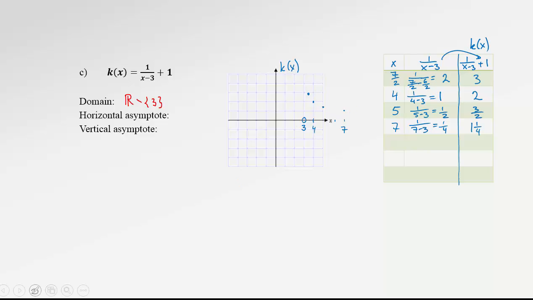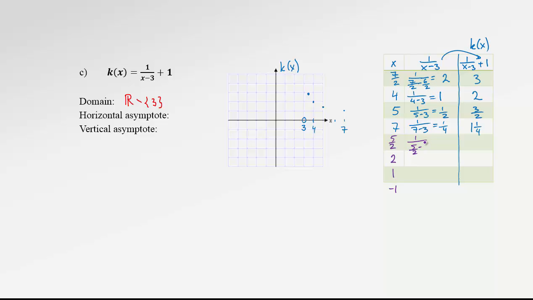Okay, now let's check some x values below 3. For example, 2 1/2, which is 5/2. And then maybe 2. And then 1. Well, we may want to check one more number, maybe -1 here. Okay, let's plug in 5/2 into the formula. 1 over 5/2 minus 3.